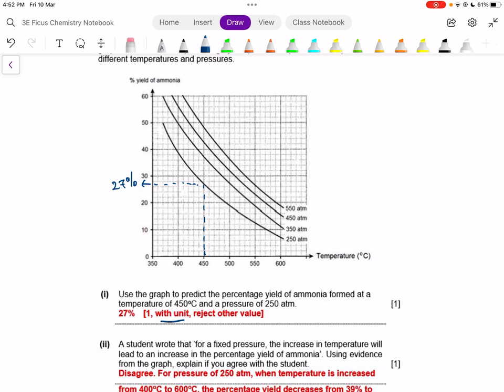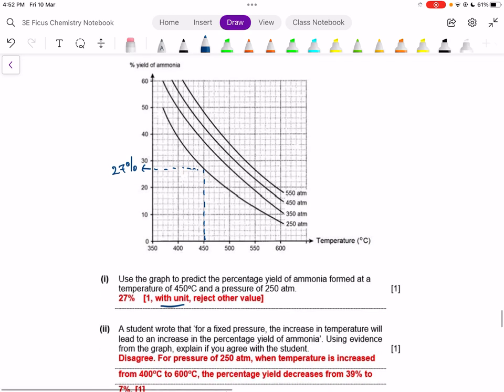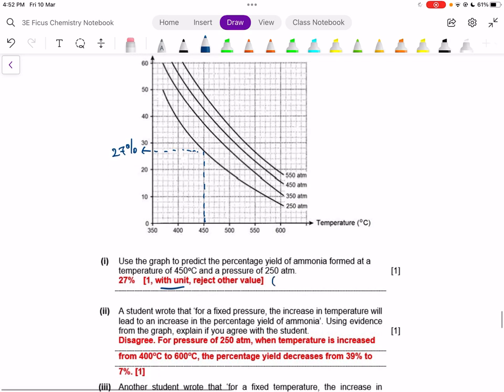You must put percent, so remember to put your units. Plus minus, some 26 I also still give to you. I allow plus minus 1 for this one, a bit of allowance.